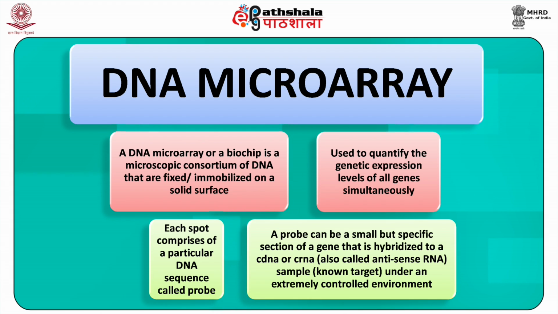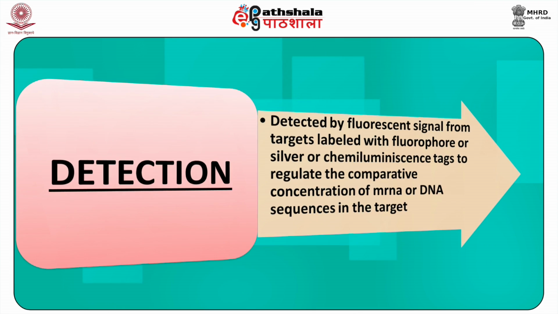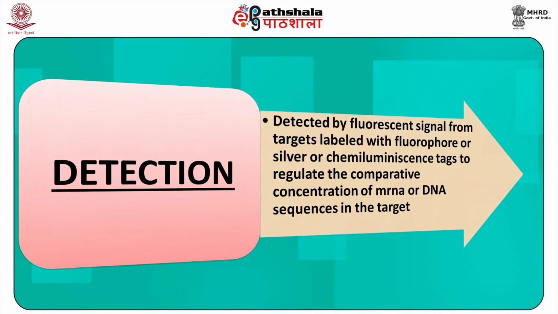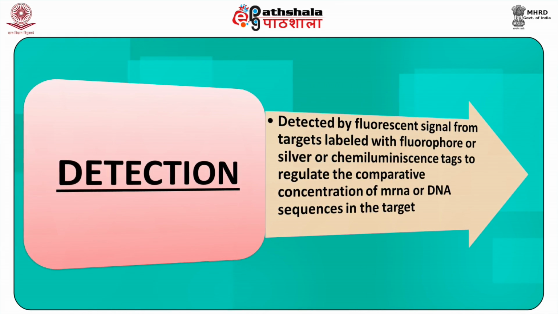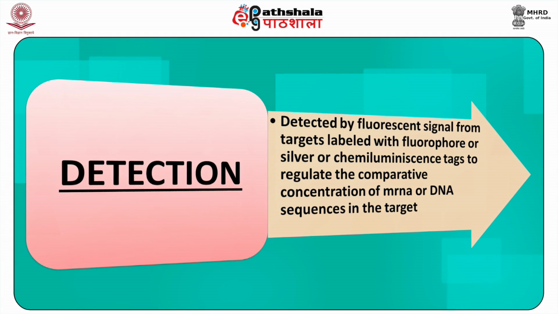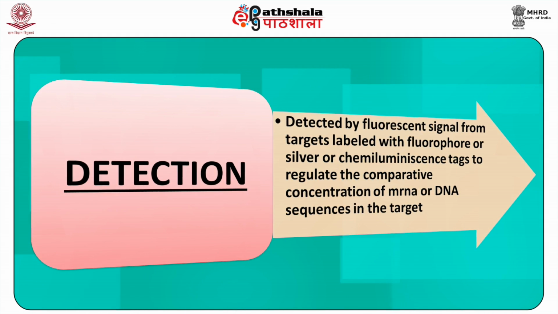A probe can be a small but specific section of a gene that is hybridized to a cDNA or cRNA, also called antisense RNA sample, under an extremely controlled environment. The probe target DNA hybridization is then quantitatively detected by fluorescent signal from target labeled with fluorophore or silver or chemiluminescence tags to regulate the comparative concentration of mRNA or DNA sequences in the target.